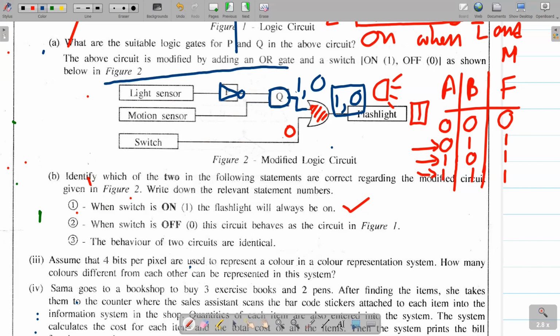This is the circuit we had earlier. So its output is identical to this output, right? So the second one, when the switch is off, the circuit behaves as the circuit in figure 1. That is correct.